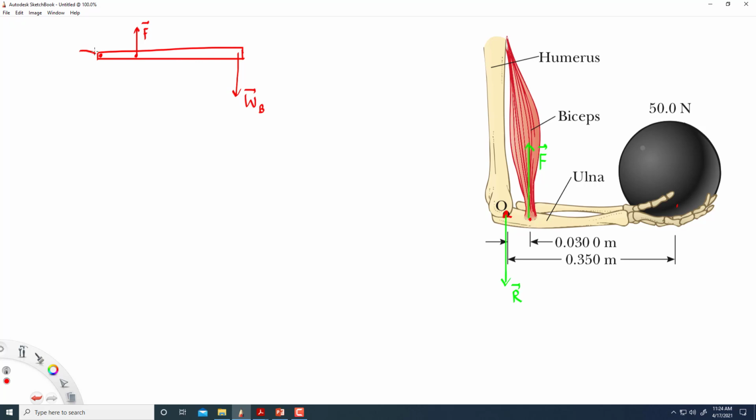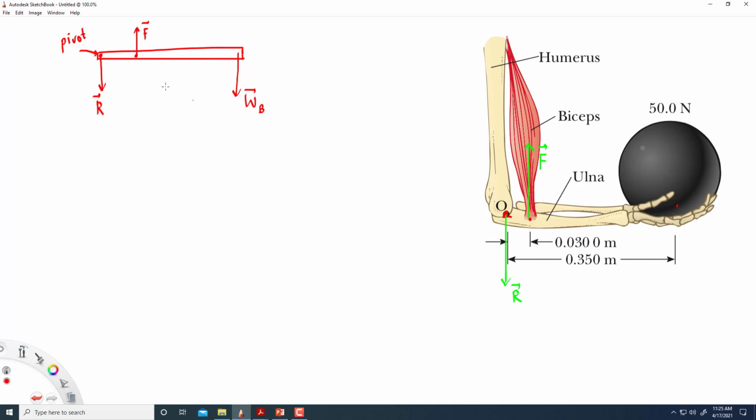We are considering the joint to be the pivot, and there is the force of the humerus bone on that pivot pointing down. So let's say that's R.